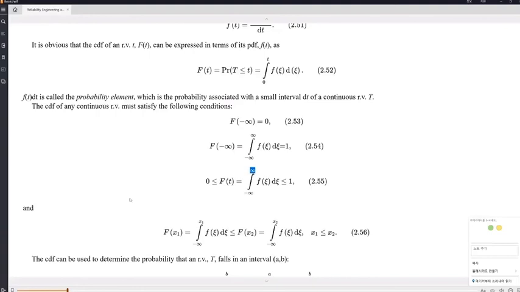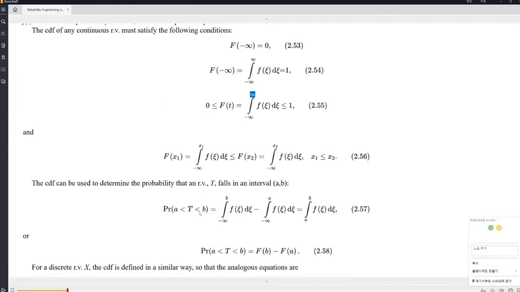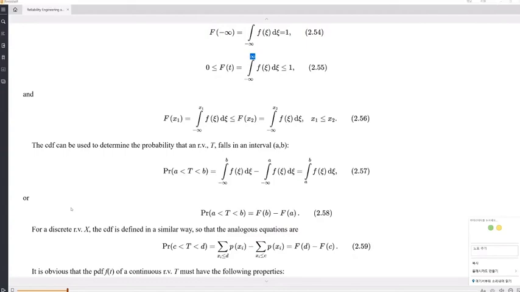And some probability should be calculated as the probability of locating between 2 points.